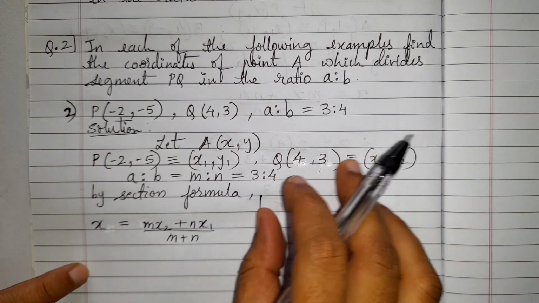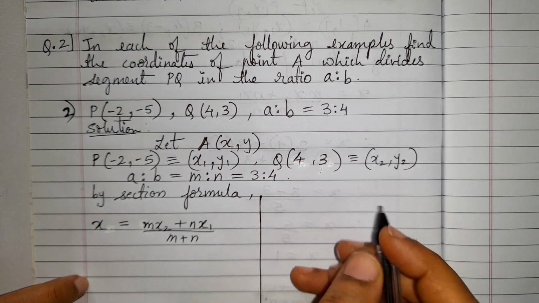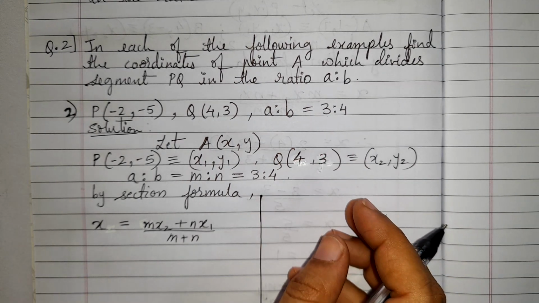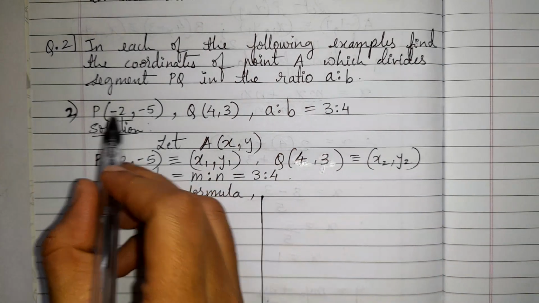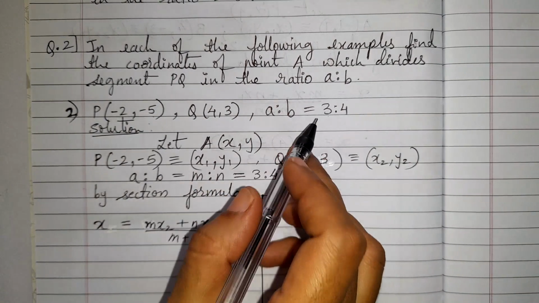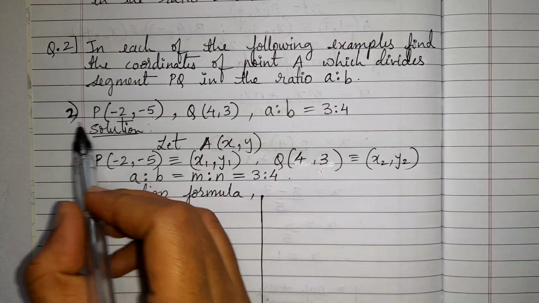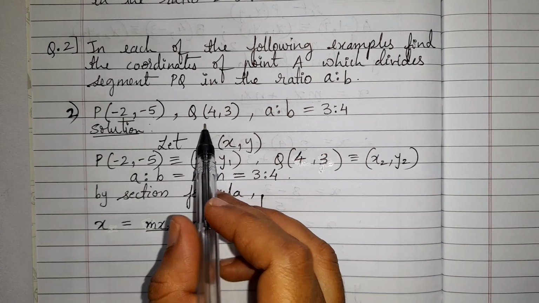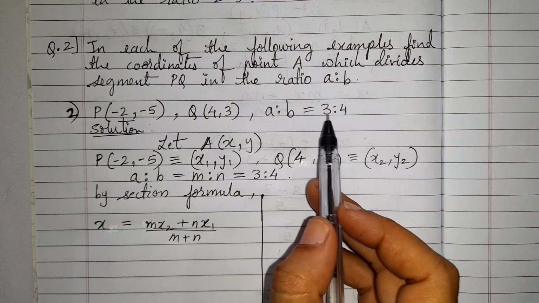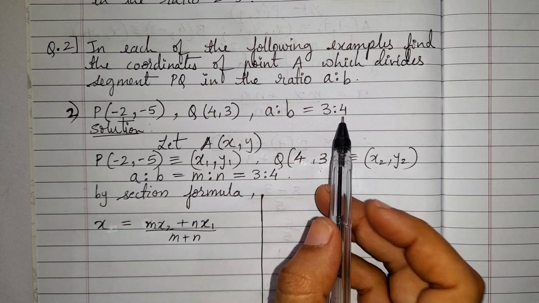In each question, we need to find the coordinates of point A which divides the segment PQ in the given ratio. Now in this question, the segment PQ is divided in the ratio 3:4.